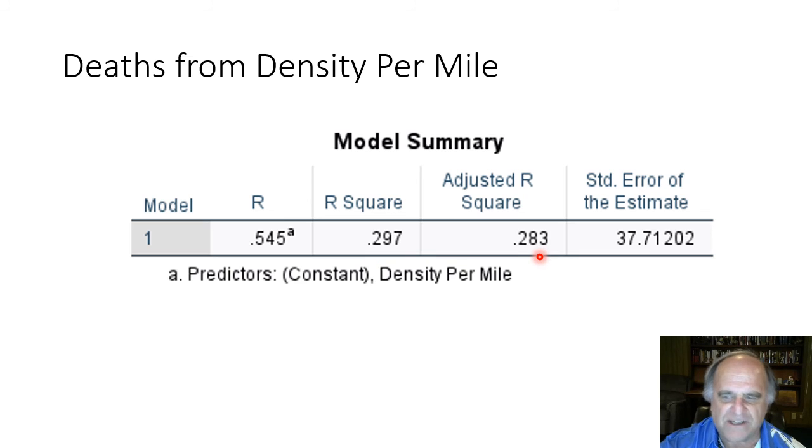Again, the adjusted R squared is pretty meaningless here. We do have a standard error of estimate that we can use in creating confidence intervals around predicted scores if we wanted to, although we're probably better off just letting the computer do that.